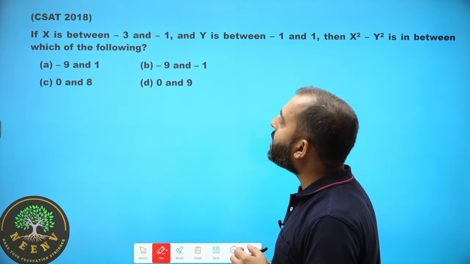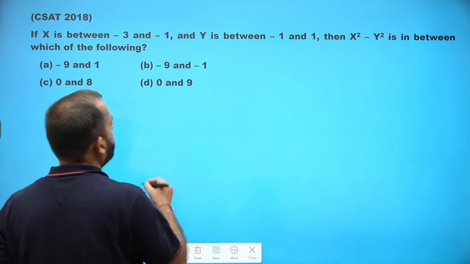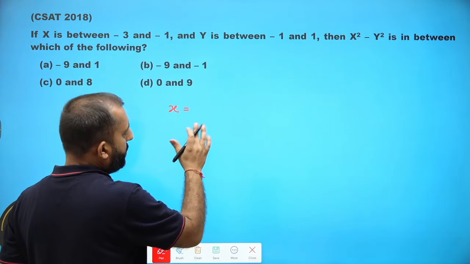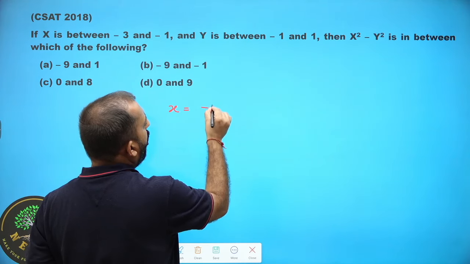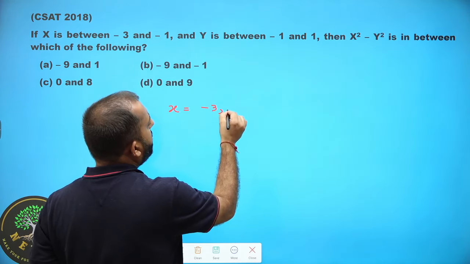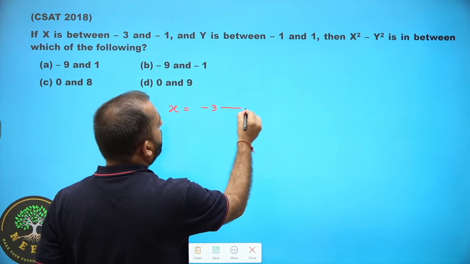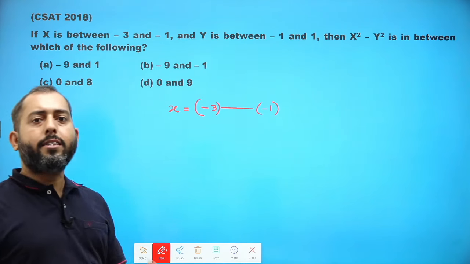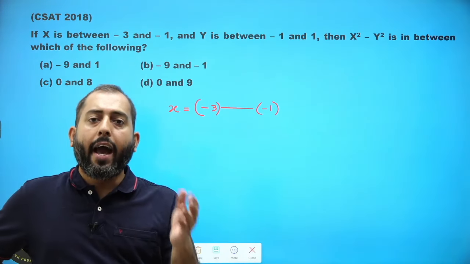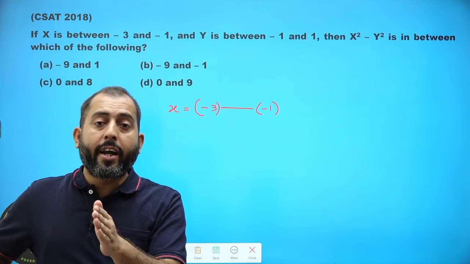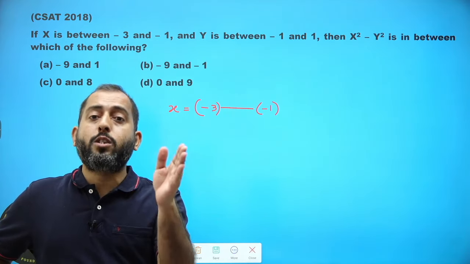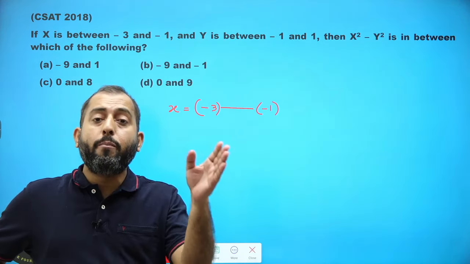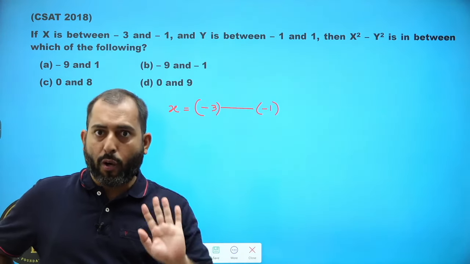It says if x is between -3 and -1, meaning x can take all those values that lie between -3 and -1. So x can be equal to -3, x can be -2.9, x can be -2, x can be -1.5, x can be -1.2, and so on.